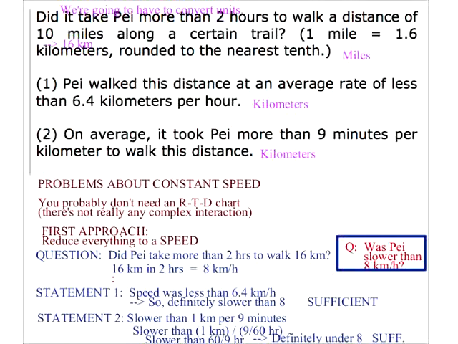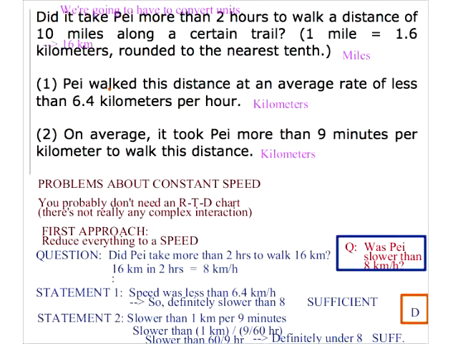So each statement individually is sufficient, and so D, like dog. One approach you can take here is just to make everything speeds. Any questions about this approach? Go ahead and type them in the box. If not, we'll look at another approach.